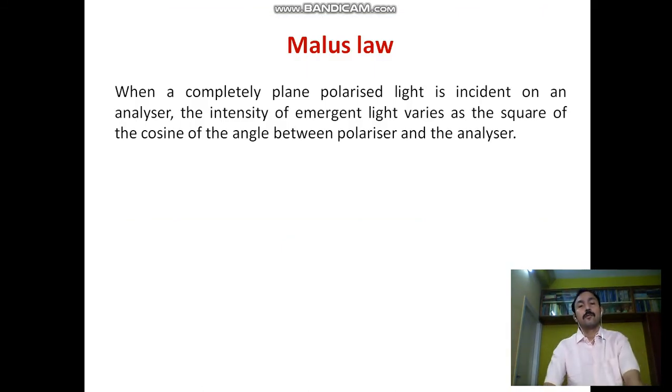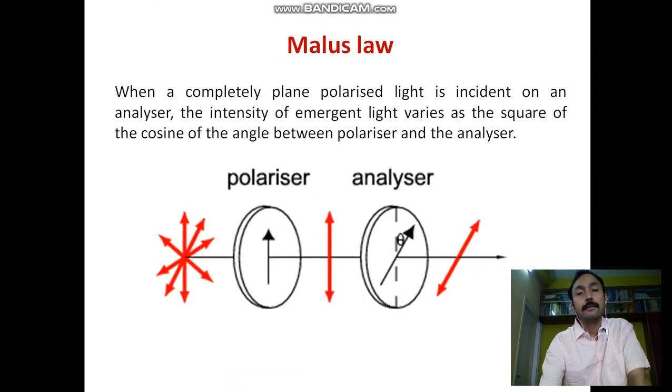Malus law: when a completely plane polarized light is incident on an analyzer, the intensity of the emergent light varies as the square of the cosine of the angle between polarizer and analyzer. Here unpolarized light is falling on the polarizer.